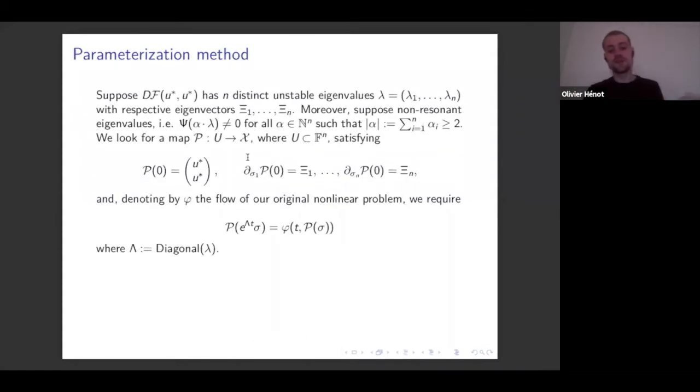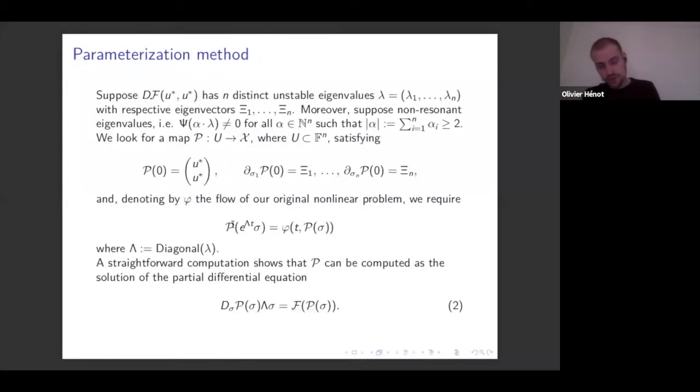Now if you denote the flow of the original nonlinear problem that we care about, we're going to require that the unstable trajectories are sent to the trajectories in the original problem. Because we assume these first two conditions, it turns out that this trajectory will lie precisely on the unstable manifold. Capital lambda is just the matrix form of lambda.